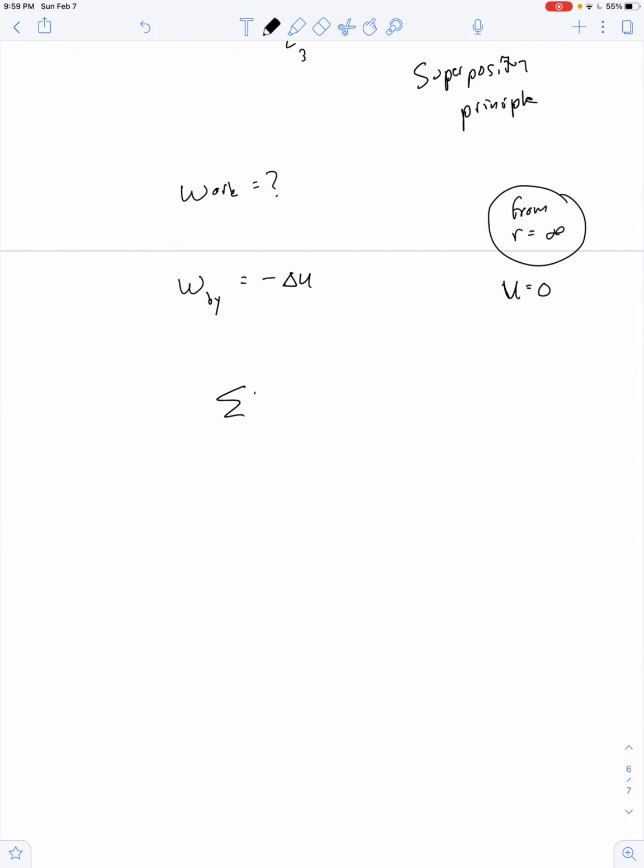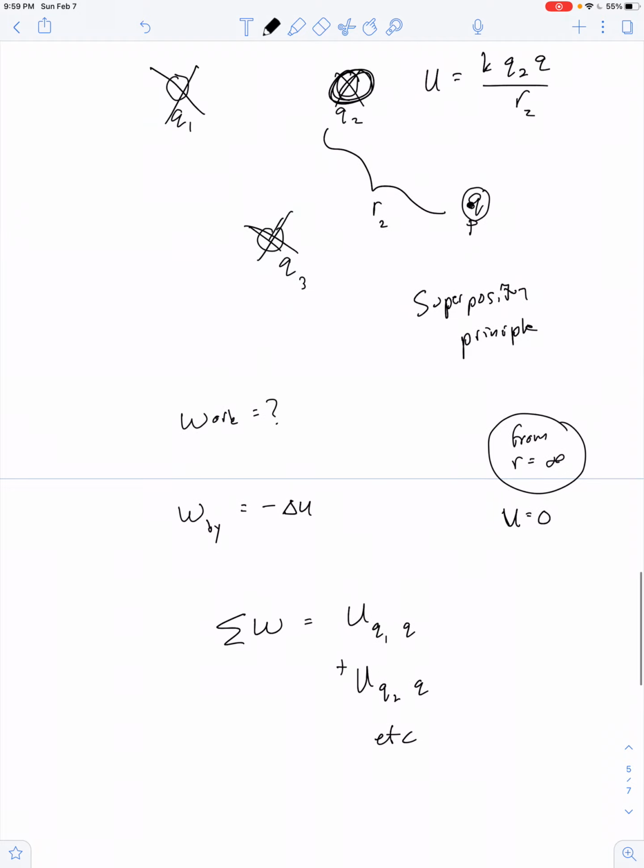And so the net amount of work is equal to the amount of potential energy associated with Q1 and Q plus the amount of potential energy associated with Q2 and Q, etc. I don't have to stop at 3 charges.